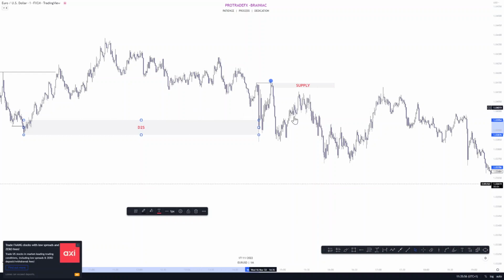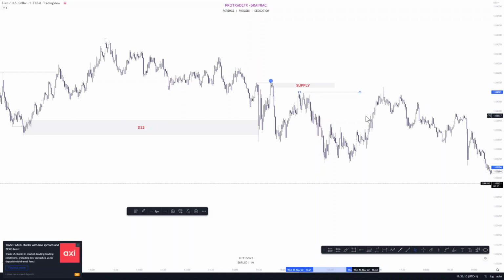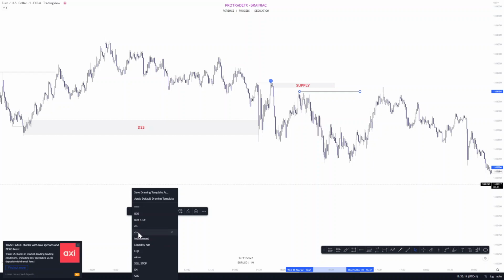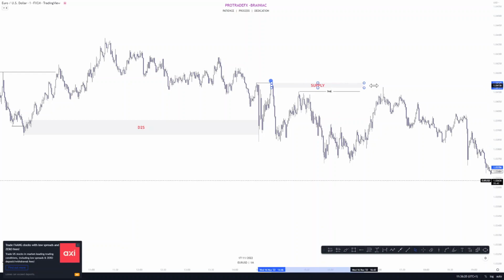Now that supply is in control, what do we see again after price grabbed liquidity? We created an inducement, right? We created this inducement right here. So we did create a form of inducement above this level, right? This is a typical inducement that was created and price used that inducement as entry into our supply, right?